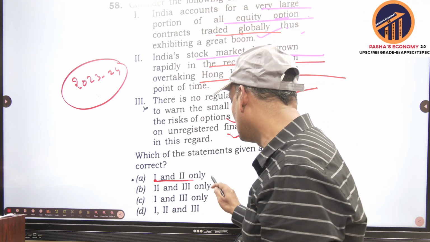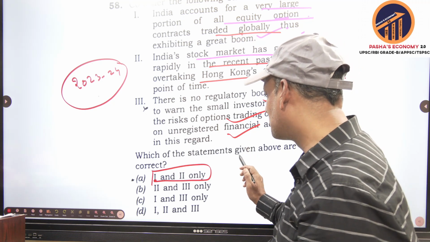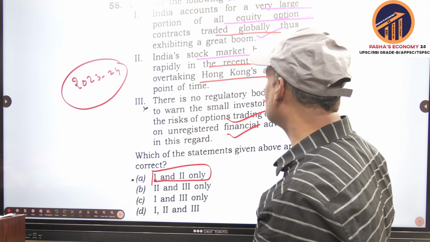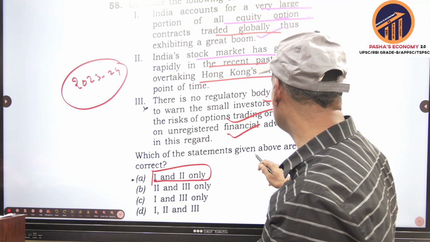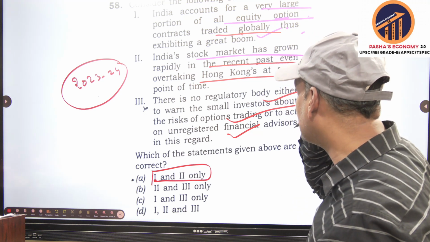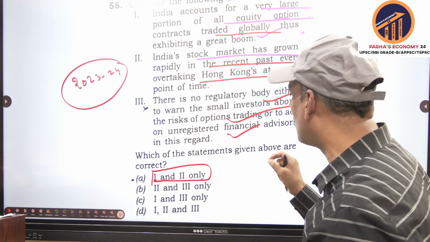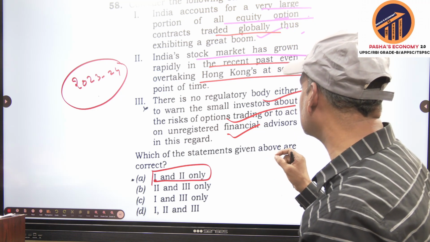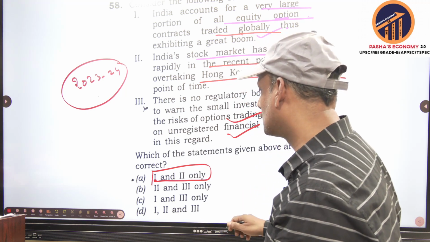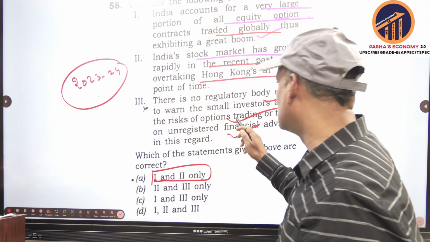So options 1 and 2 are correct. Option 3 is not correct in this regard. Which of the statements given above is correct? 1 and 2 are correct. There is no regulatory body either to warn small investors about risky options trading or to act on unregistered financial advisors.